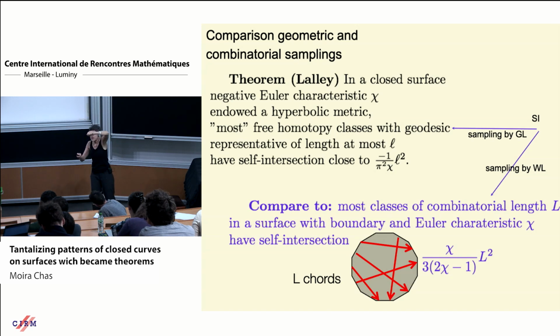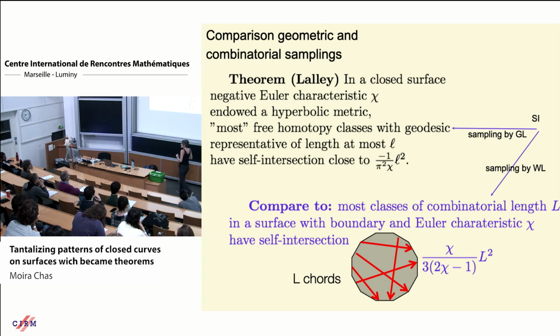Imagine that you're going around a tube, for instance, you have to go back and you lose a lot of length coming back. Well, here it just drops sticks on a circle, and those sticks intersect much more, in some sense, than on a surface with a hyperbolic metric.